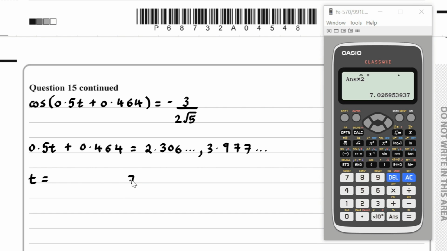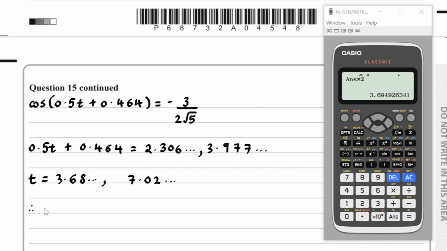So I've got 7.02, etc. Store that into A. And then for the other one, I've got the inverse cosine of minus 3 over 2 root 5 minus the inverse tangent of 0.5, and then if I times that by 2, I get 3.68, etc.